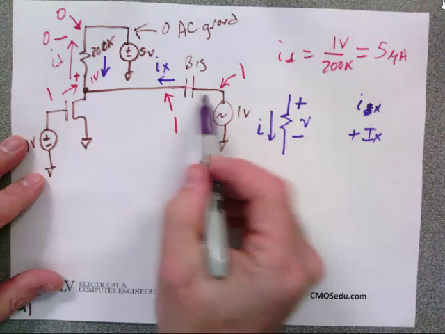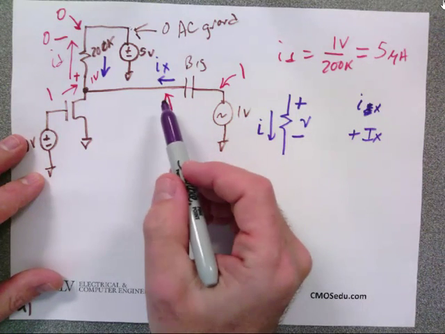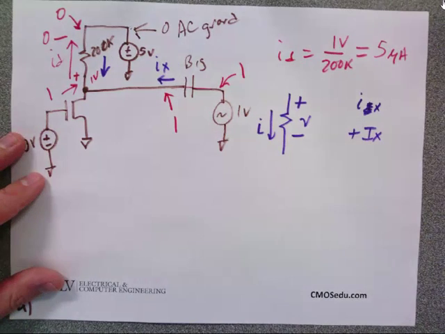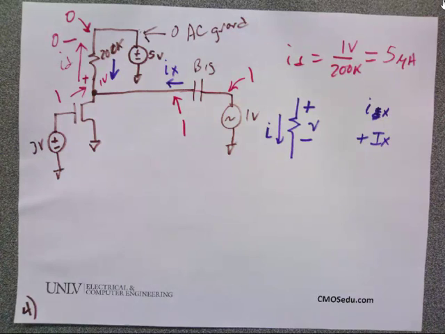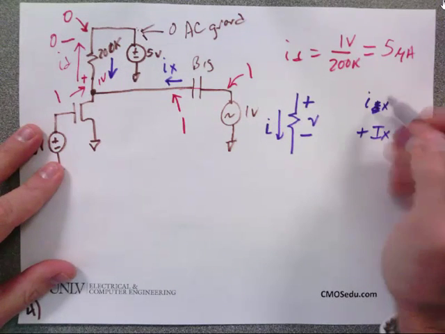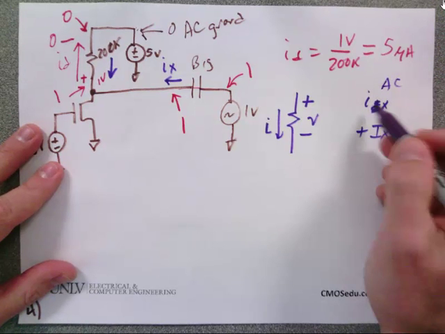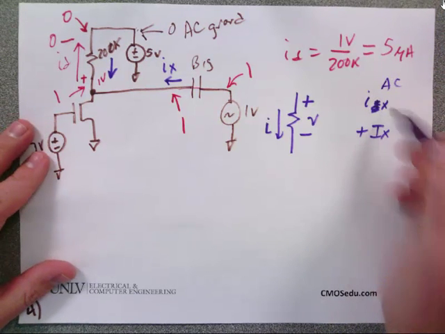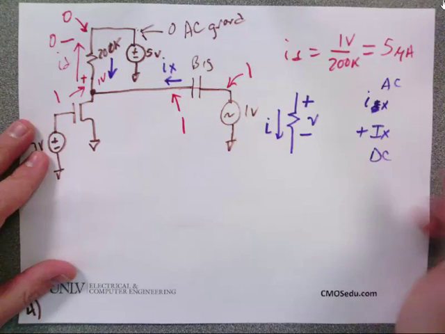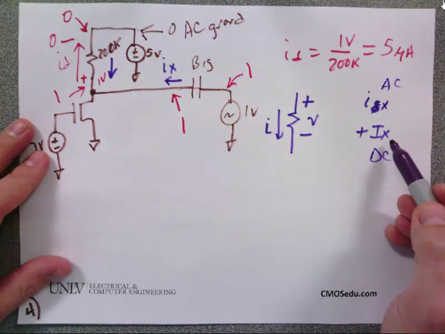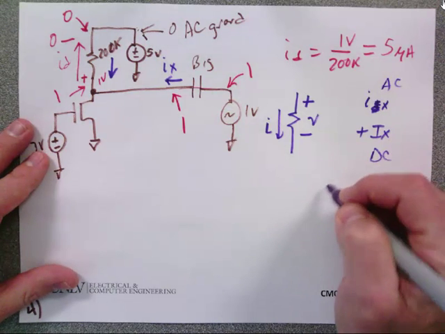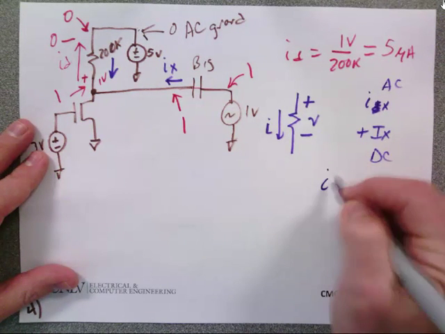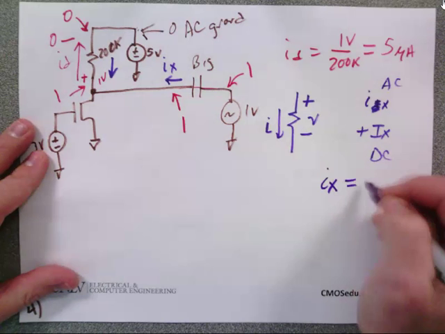What's the DC current flowing in that capacitor? 0. DC current doesn't flow in a capacitor, only AC. I've got to change the voltage on both sides of the cap to get a current flowing through it. I'm going to write the AC as lowercase i, lowercase subscript, DC as uppercase I, uppercase X, and then I write the sum as the following, lowercase and then uppercase.